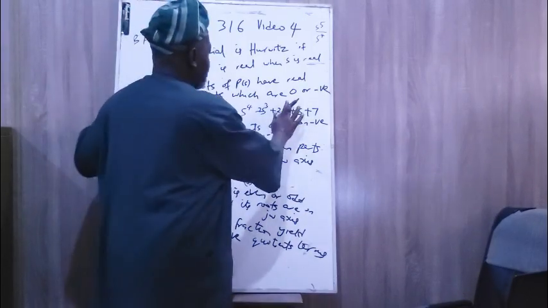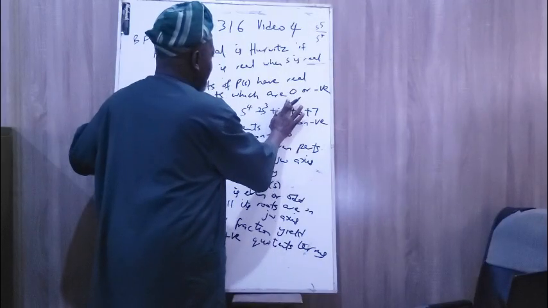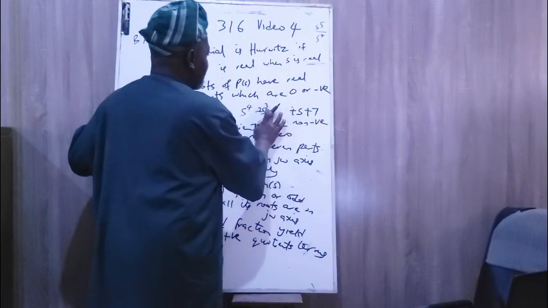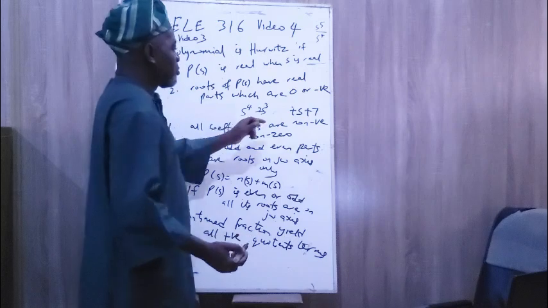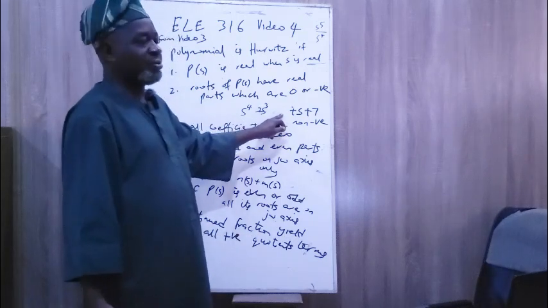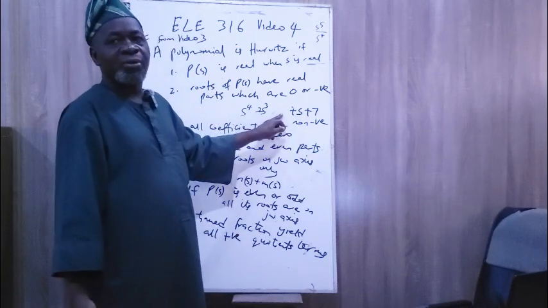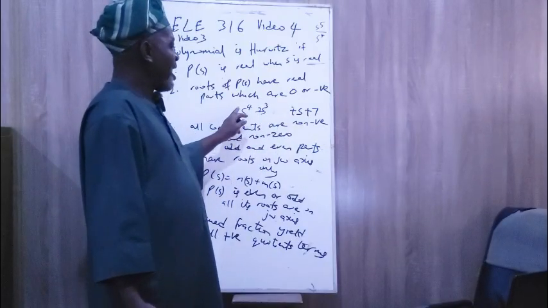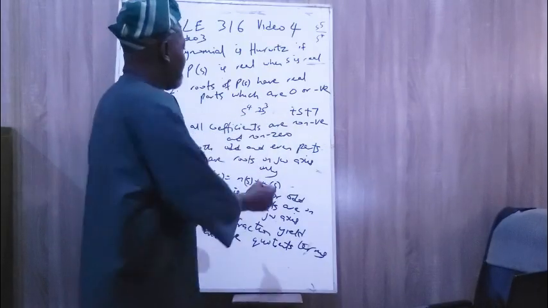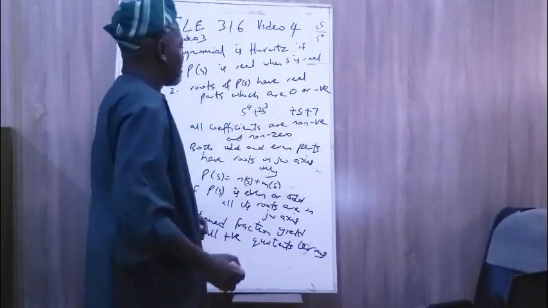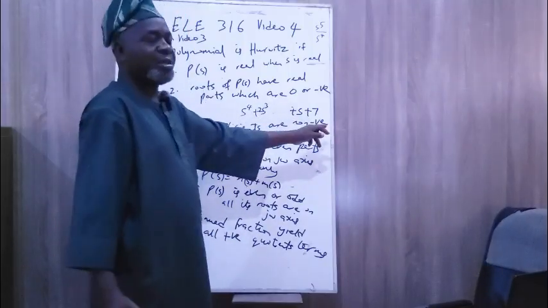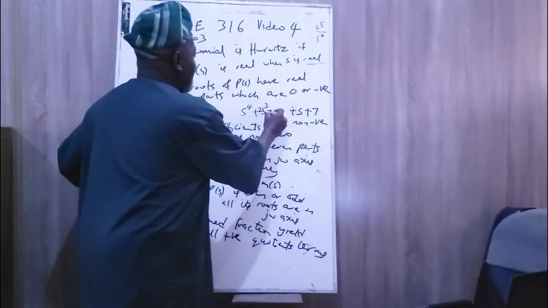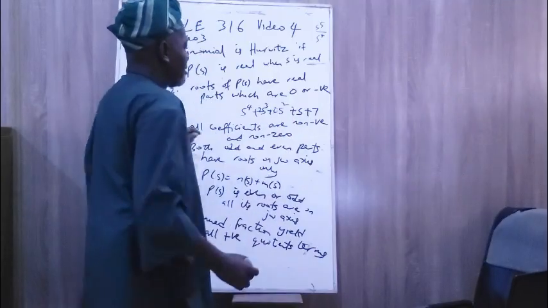Also, should any of the coefficients disappear, that means for S raised to power 2, the coefficient is 0, this is also not Hurwitz. Since we start from S4, every term must be present. Even though everything is plus, there is a 0 S squared.